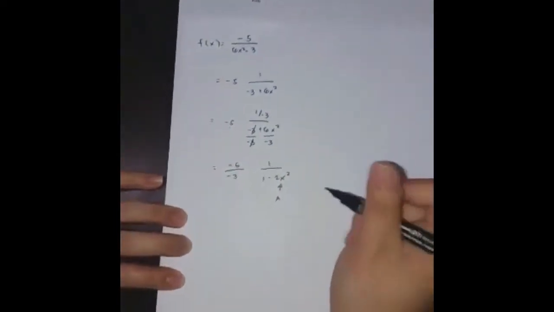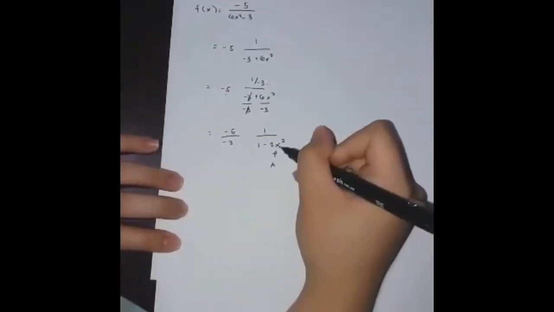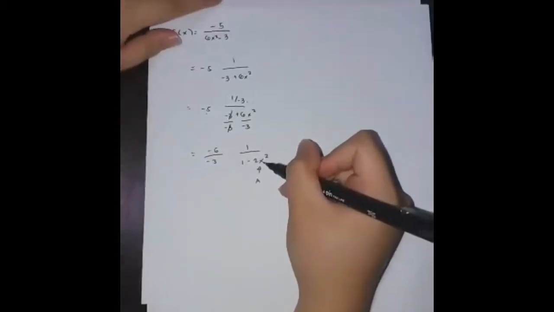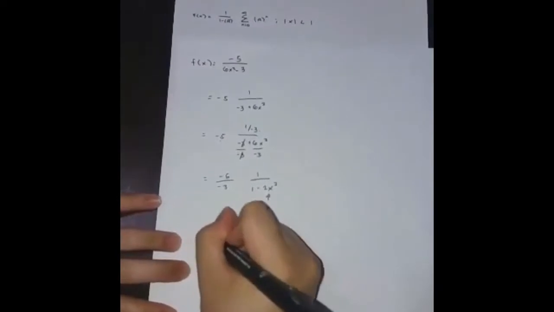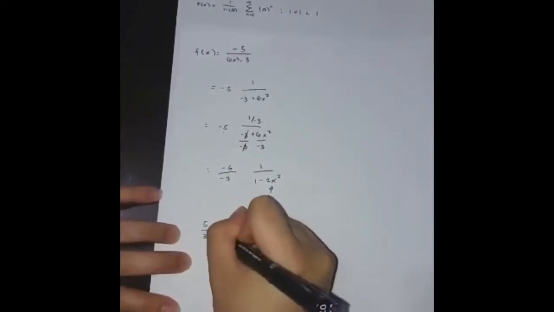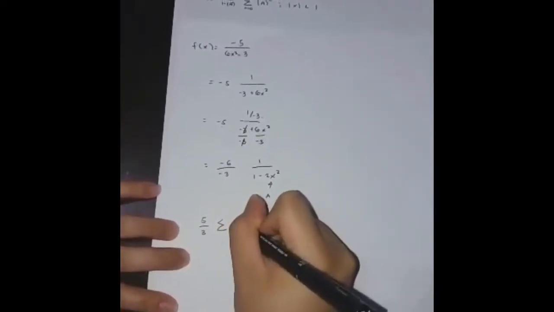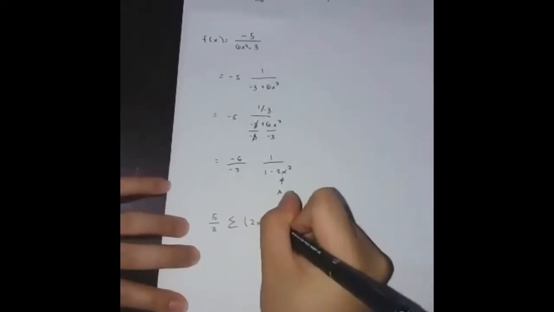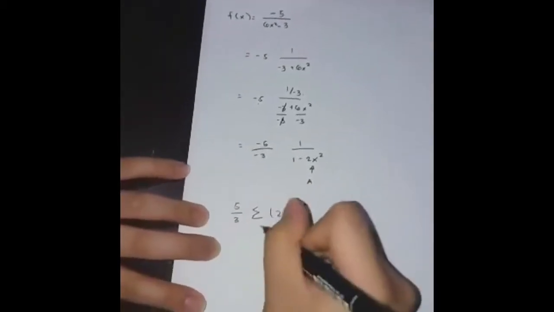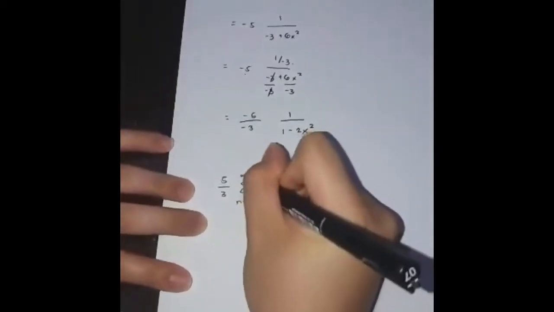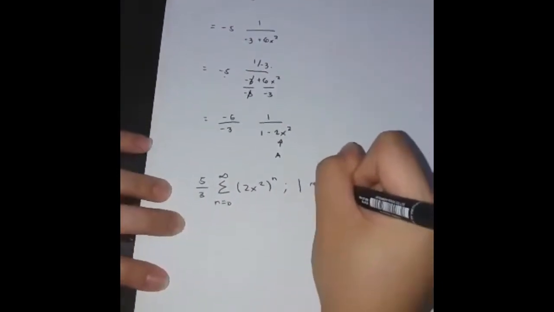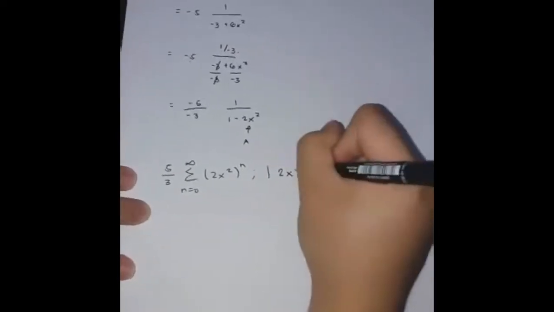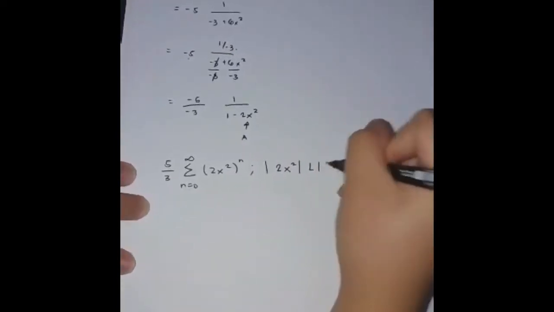Now, we need to substitute this in this equation. So it will become 5 over 3 summation of 2x squared raised to n, and absolute value of 2x squared less than 1.